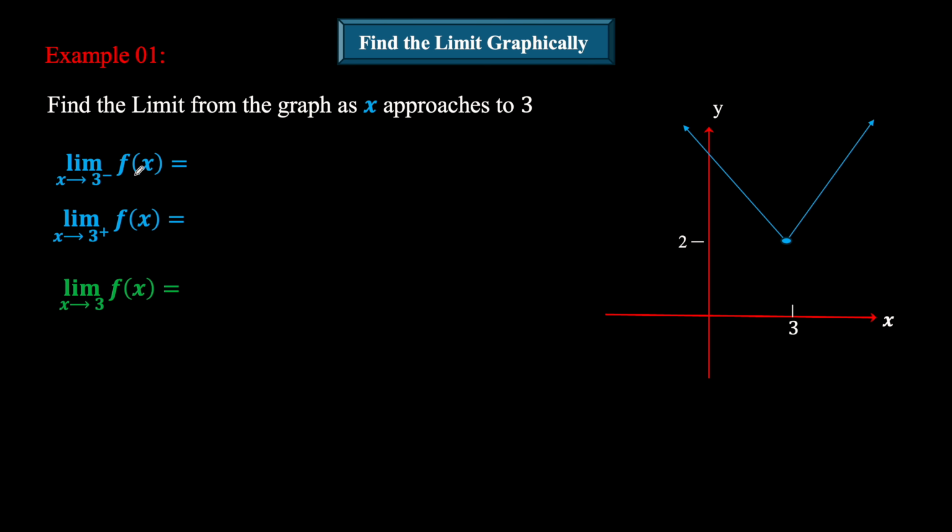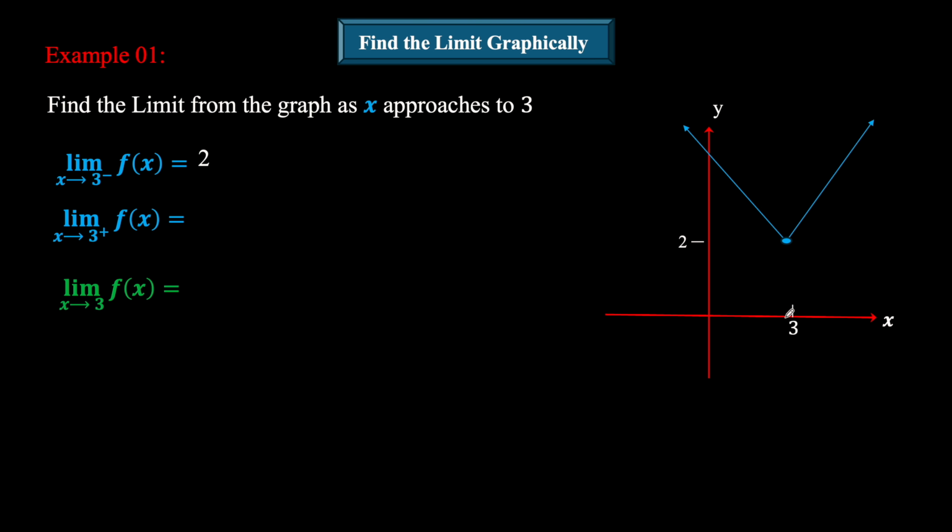So we have to check for the limit from the left side and the right side, and then at the end we will see what the overall limit will be. Okay, so first we check. We see that the limit from the left side, f of x as x approaches 3, is equal to 2.